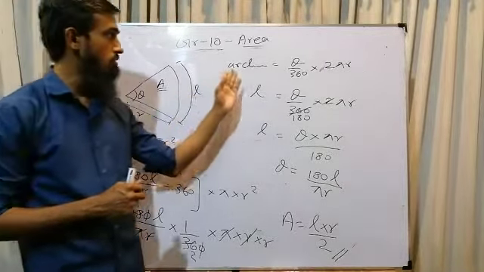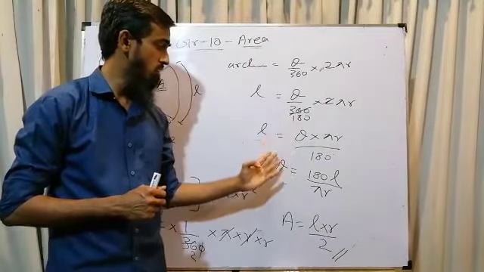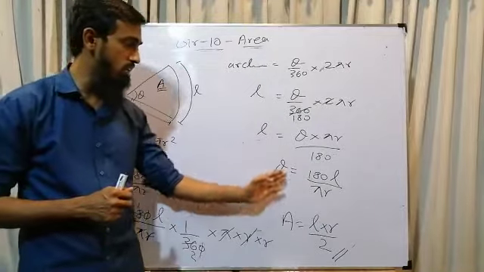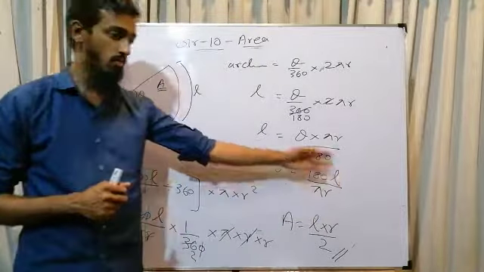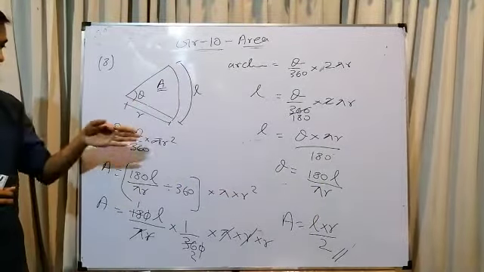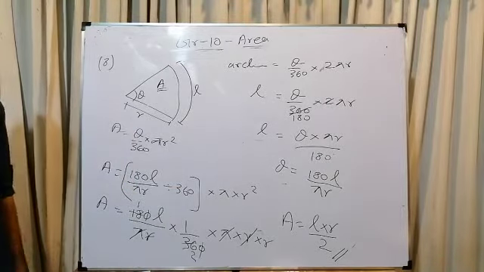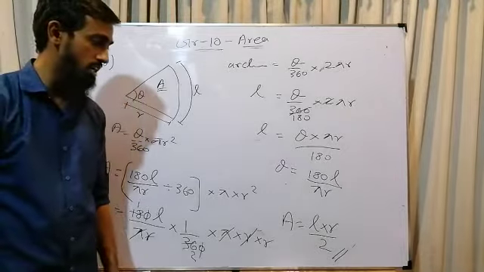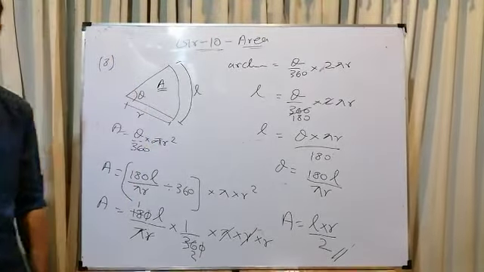That's why we found the arc length, made theta the subject, and found the value of theta with the arc length. Then we substituted theta with the arc length, and finally we have the equation A equals L into r by 2.